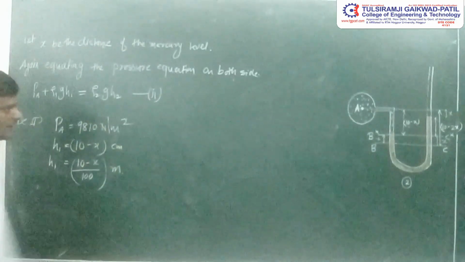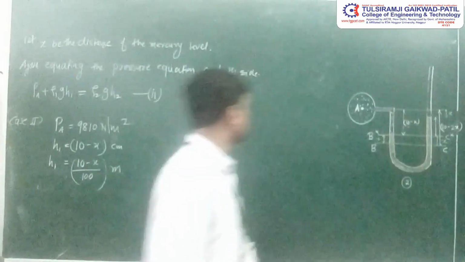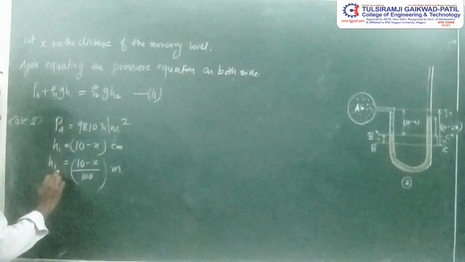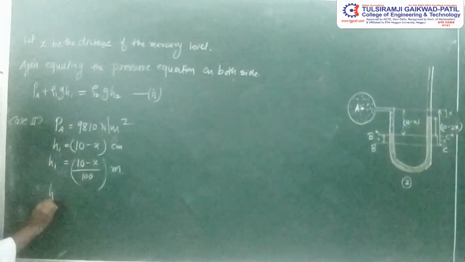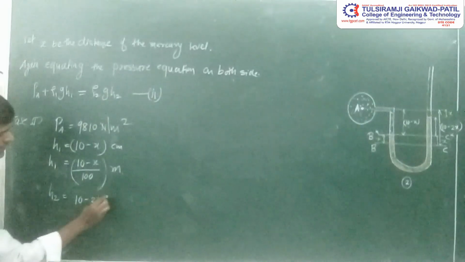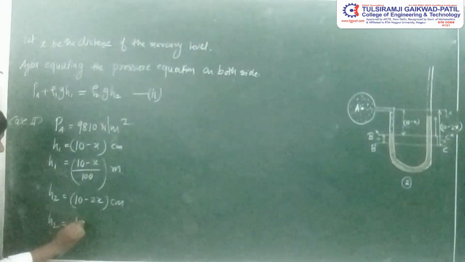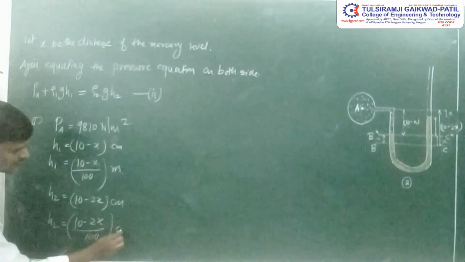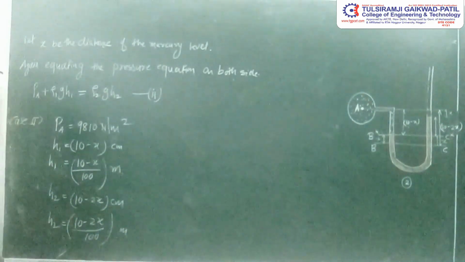It is in meter because we are provided that 10 is in centimeter and we are taking all the units in meter. Therefore, we have to convert this into meter. Similarly, H2 will be 10 minus 2x in centimeter. After converting, H2 is 10 minus 2x upon 100. This is in centimeter. This is in meter.